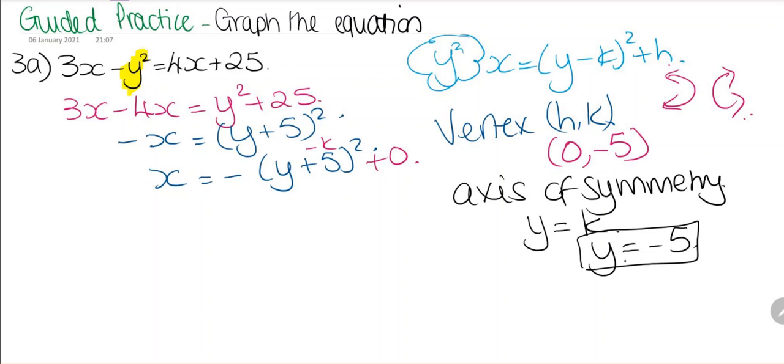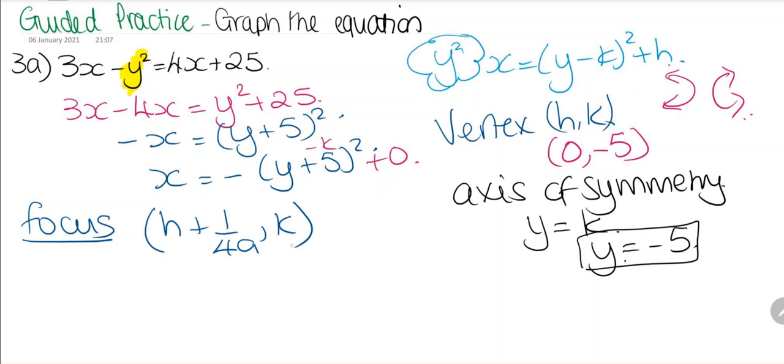Now, the next thing we need to find is the focus. The formula we're going to use is (h plus 1 over 4a, k). We just substitute in the values. The value for h is going to be 0, and 1 over 4a. Now, if I go back to my equation, a is minus 1, so this is going to be multiplied by minus 1. And then we have k.